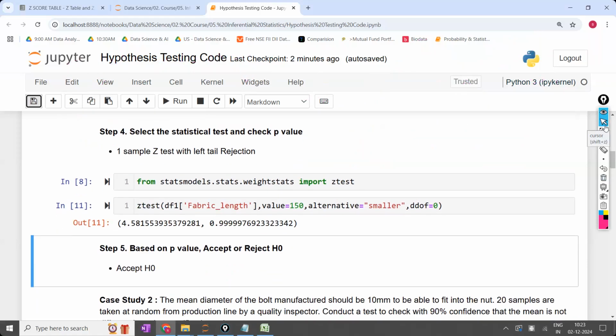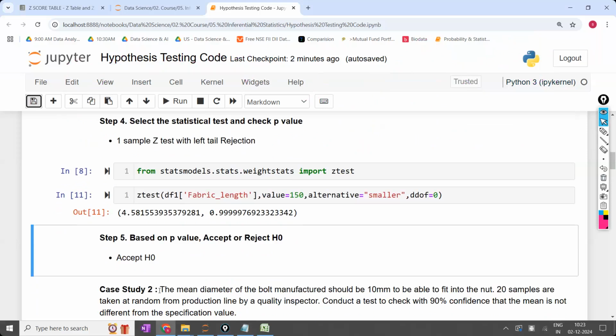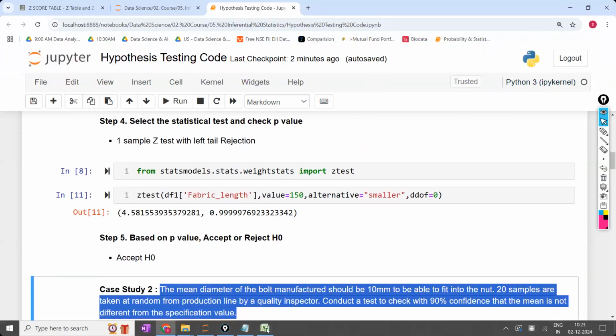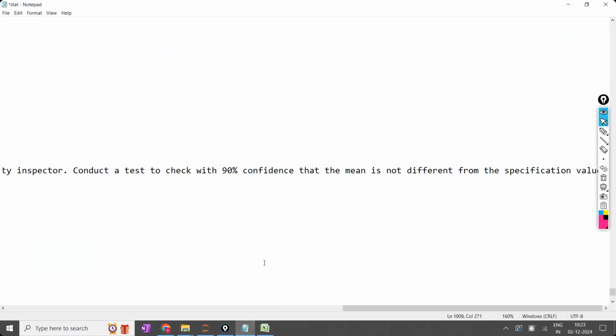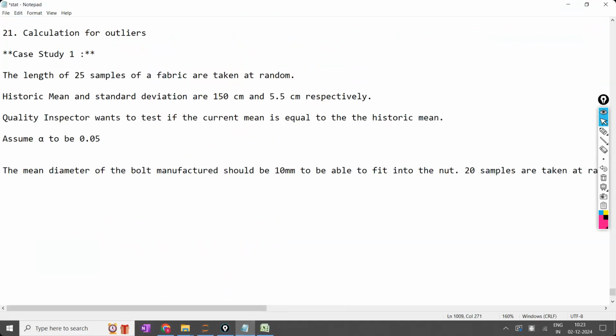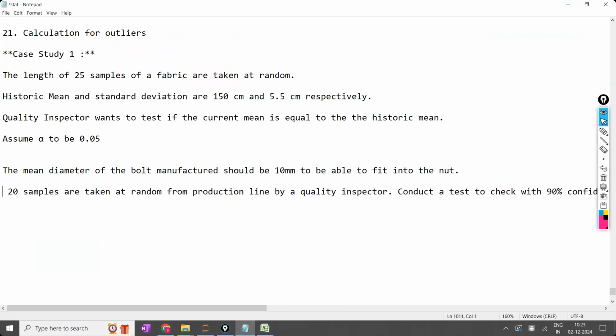Now, case study number 2. Again, I'm going to copy this question in the notepad. The mean diameter of a bolt manufactured should be 10 mm in order to fit into a nut. 20 samples are taken at random from the production line by the quality inspector.